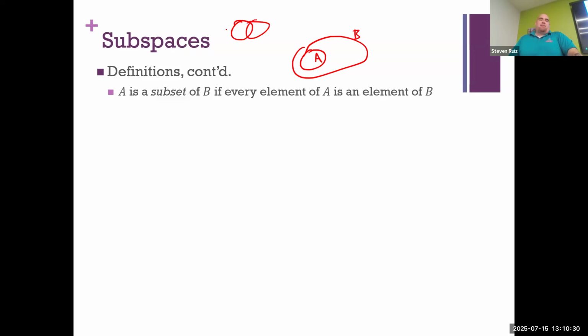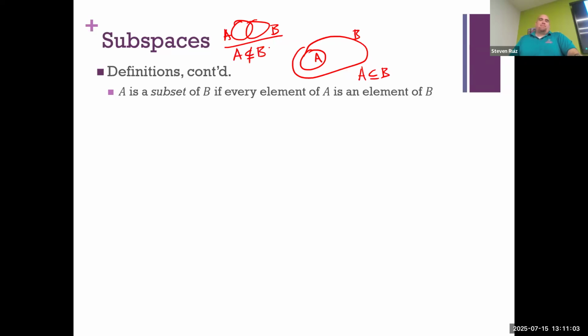Is A a subset of B here? Seems doubtful. Are there things that are in A that are also in B with this thing here? Are there things that are in A that are not in B? Then the answer is no, not a subset. So in here, A is a subset of B. Over here, A is not a subset of B.